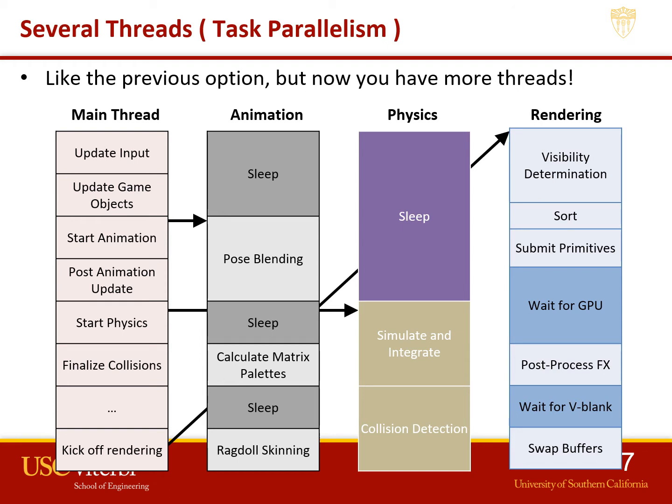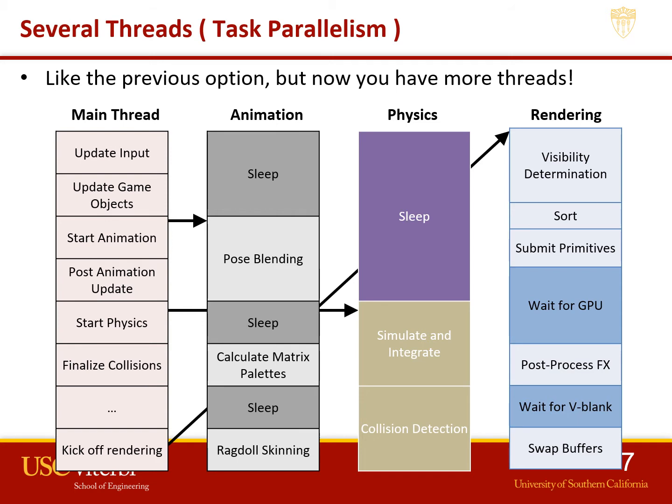But what you tend to get is lots of downtime between the threads because of the interactions between the different steps. For example, we can't really do pose blending in animation, we can't blend between 2 poses until we decide what poses we want to show.